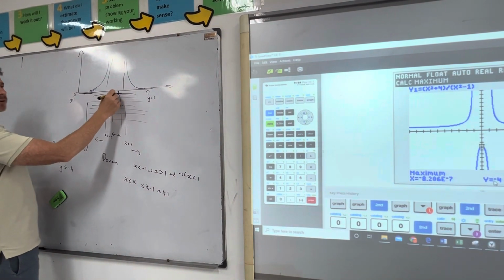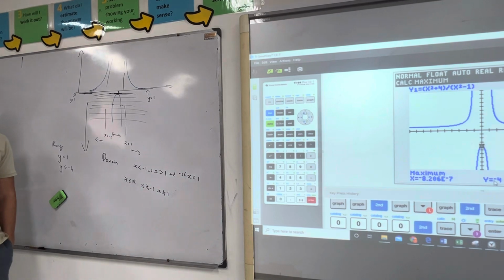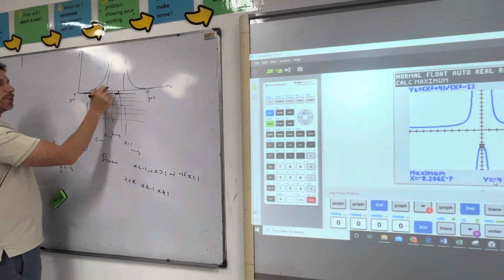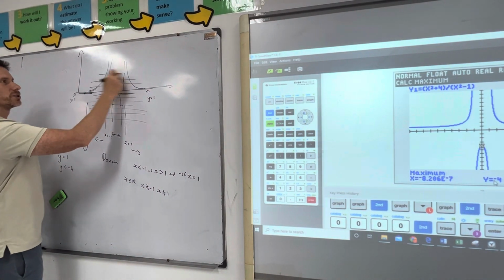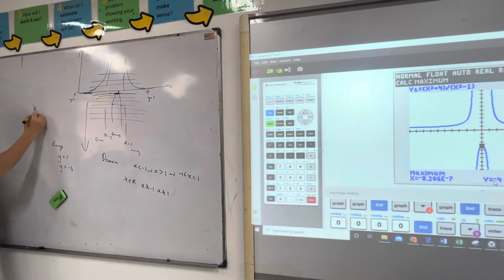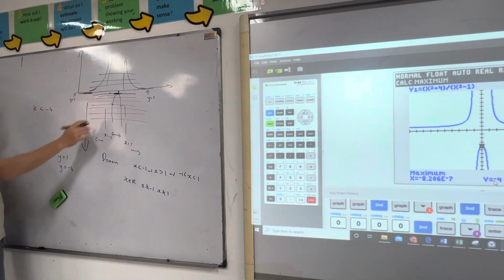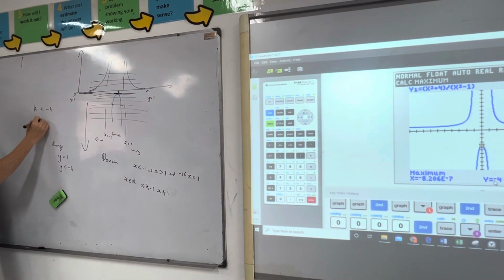At this vertex, will we have 2 solutions? No, just 1. Above 1, it'll also have 2 solutions. So how do I say this? k can be less than -4, but not equal to -4, and k is greater than 1. That's your answer for the last one.